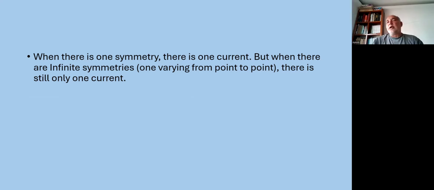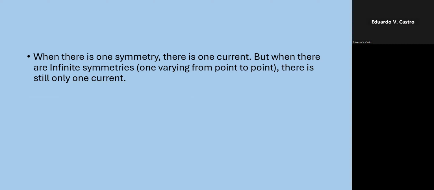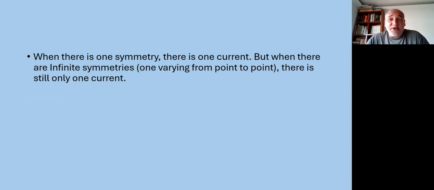Now, if you have, besides global gauge invariance, local gauge invariance, then apparently you have infinite gauge invariances possible, because you can choose a function from point to point. So wouldn't we get many more conserved currents? Because you have, in fact, infinite transformations that leave your action invariant.